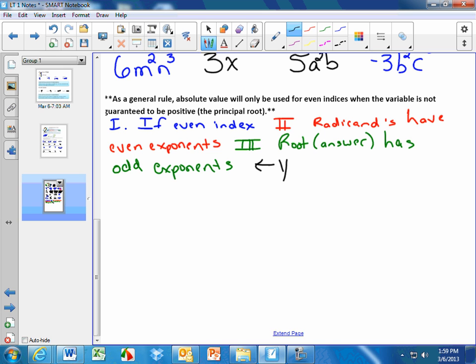So you need absolute values. Let's go back to one that actually uses this and see if that works.